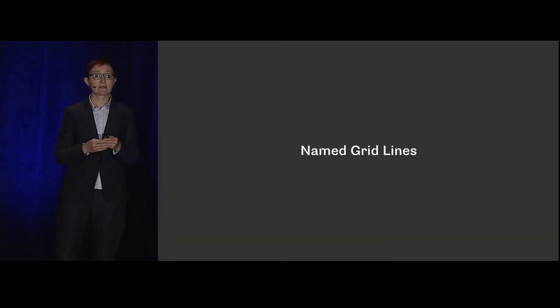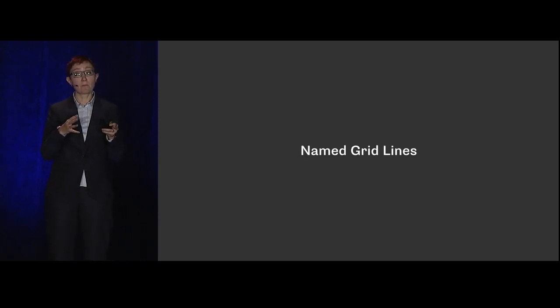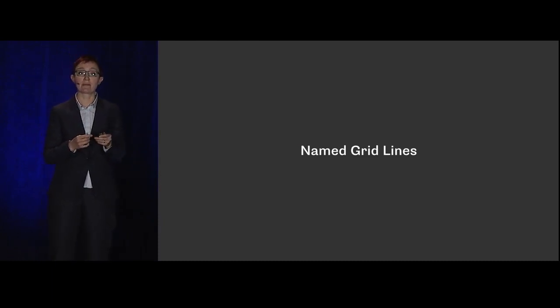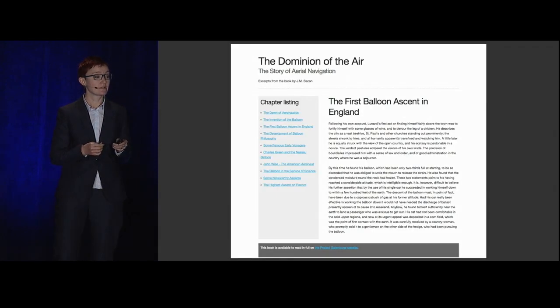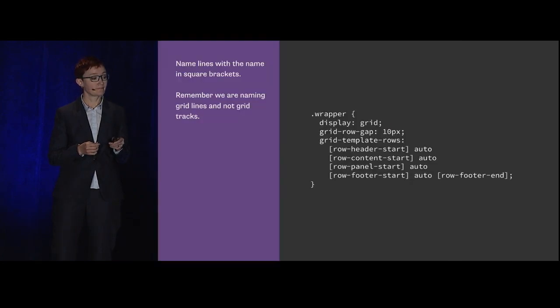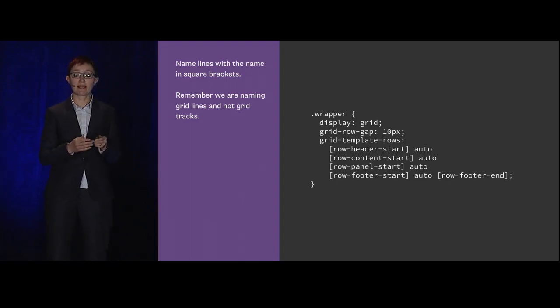So we have these named lines. We've been working with line numbers so far, and especially once you get into more complex responsive layouts, you probably want to start to give some of your lines at least names to make it easier to remember where to position things. So staying with that same layout, when I define my single column for the mobile layout, I'm just naming some of those lines.